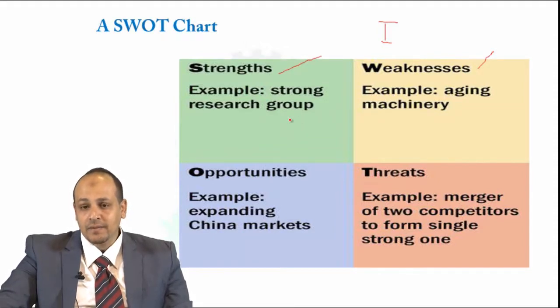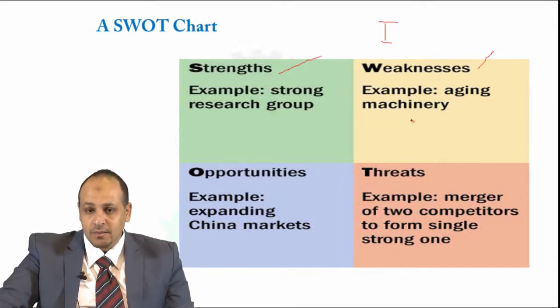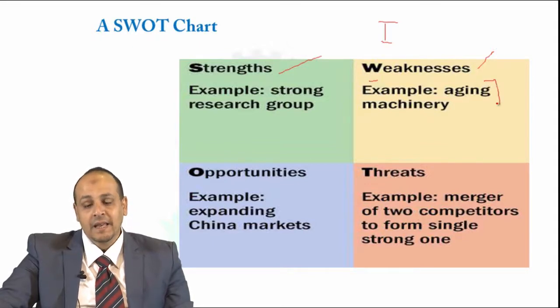However, we may also have some weaknesses, for example aging machinery, which is a problem within the boundary of the business, and which can affect the strategy's effectiveness. So we need to study this before we set the strategy. What should we do with such a problem? Can we change these machines?